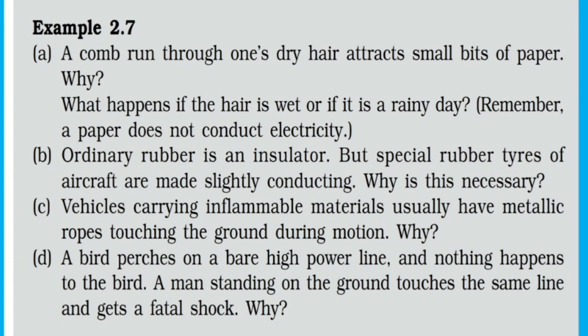But in the case of a bat, if two parts of its body touch two power lines, that moment there is a potential difference, because between any two of the transmission lines there is a potential difference. So if the body touches the two lines, current passes through it, it gets a shock and loses its life. That is what is happening.